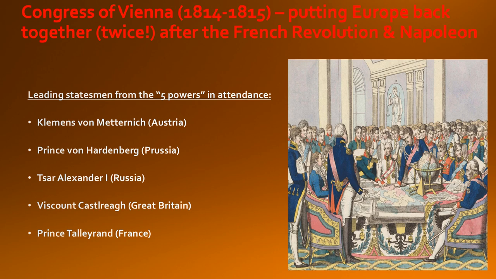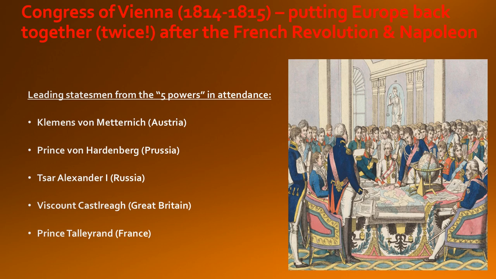Talleyrand is a notorious figure in French and European history. He had been around all the way through the French Revolution, survived, and was Napoleon's foreign minister. Actually, he betrayed Napoleon a number of times, and Napoleon kept him on or brought him back, tolerated his disloyalty because he was talented.